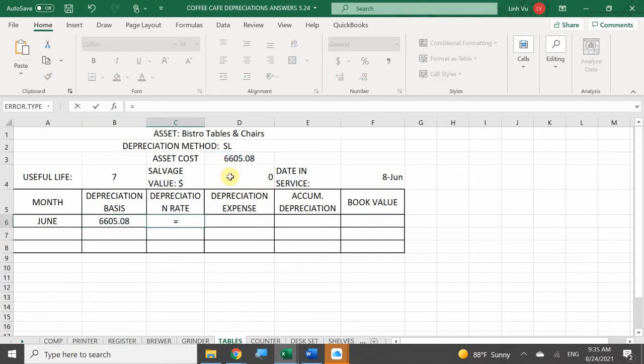What's my rate going to be? Is it 1 divided by 7? Good. Correct.